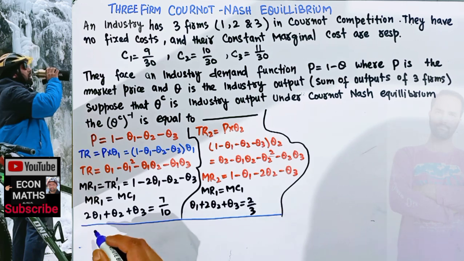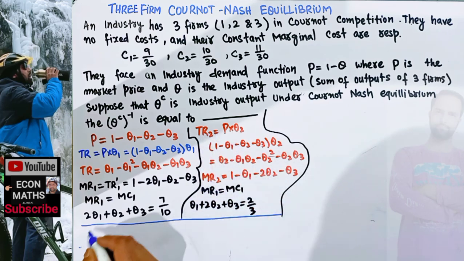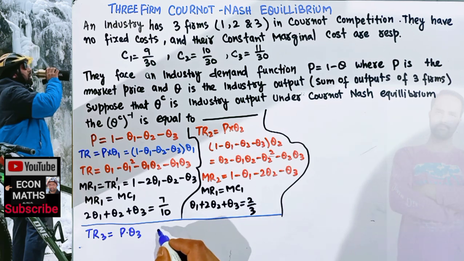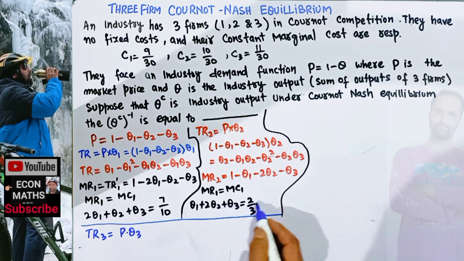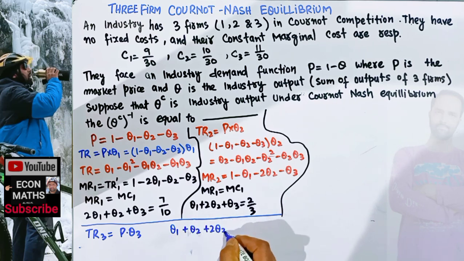That means for firm 3, what will we get? When we write total revenue of firm 3, it will be equal to P into Q3. Then you will find marginal revenue and equate with marginal cost. That means we will get this kind of equation, Q1 plus Q2 plus twice Q3.